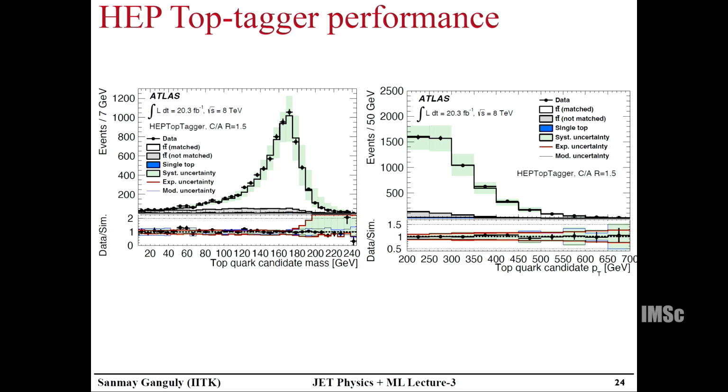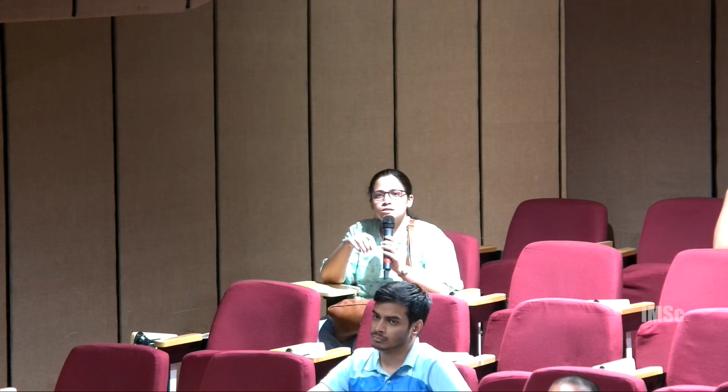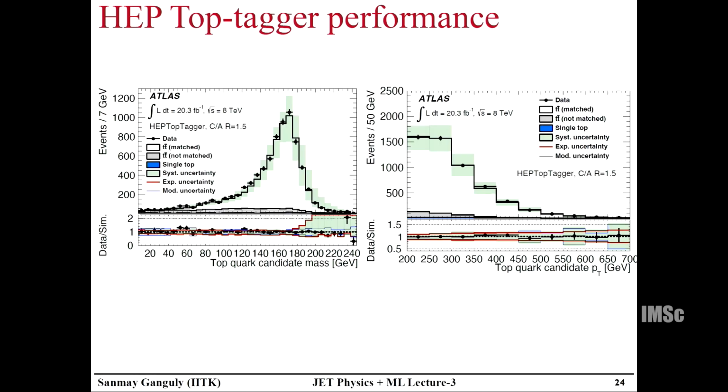In the previous plot, the top quark jet mass always seems to have an asymmetry on the left side. Is there a particular reason why it's not Gaussian-like and always has a tail near 120 and 100? Yeah. First of all, the nature of energy loss in the detectors is not symmetric, it is asymmetric.